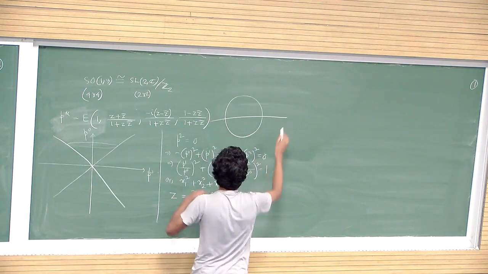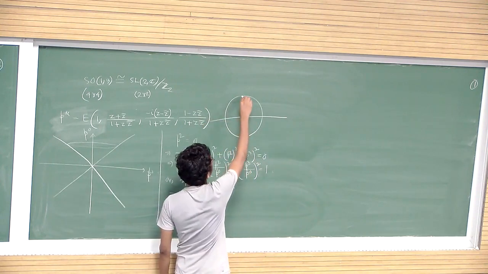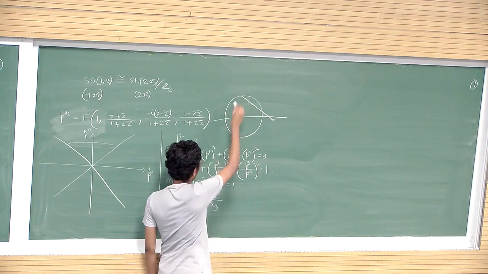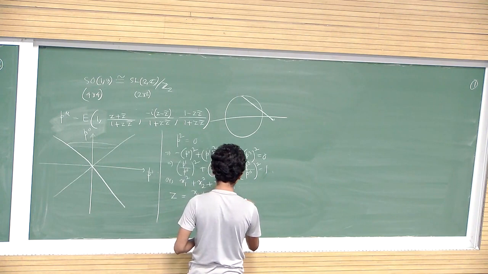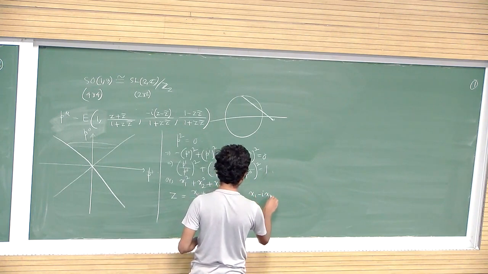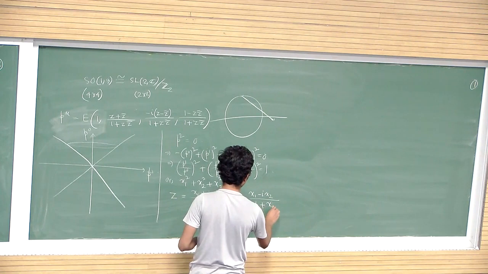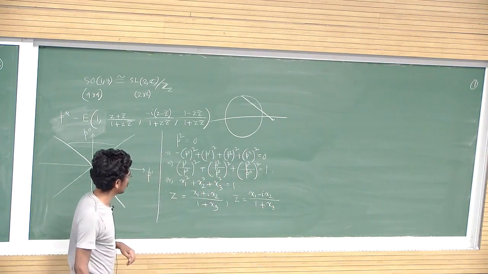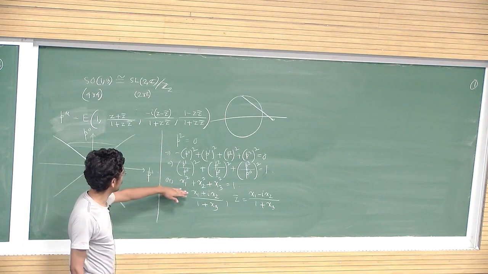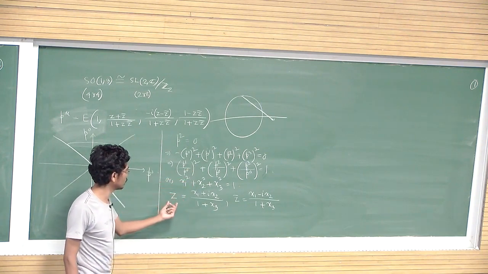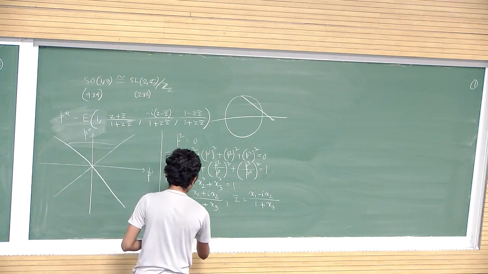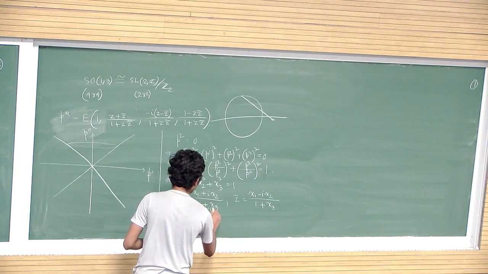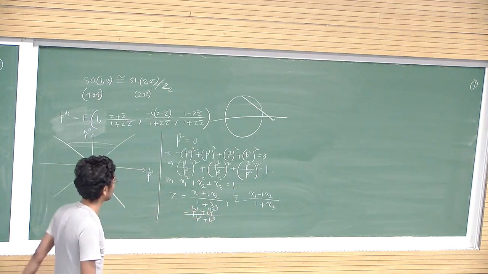Suppose you are projecting it to a plane, so it depends from which pole you are projecting, right? If you are projecting from the north pole, I think this should be 1 plus x3. This z bar is x1 minus i x2 over 1 plus x3. Okay. And if you replace this x1 by p1 over p0, then you will see that the z and z bar that I had written yesterday will be something like z equals p1 plus i p2 over p0 plus p3, and z bar will be p1 minus i p2 over this thing.